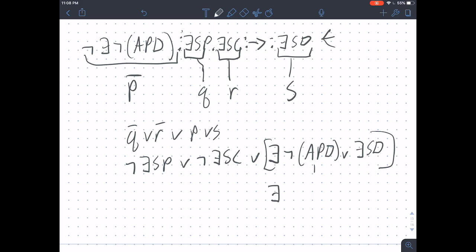So this turns into E. Give me 1 second. I think we need that. And parentheses. And then, okay, so that's the left side here.